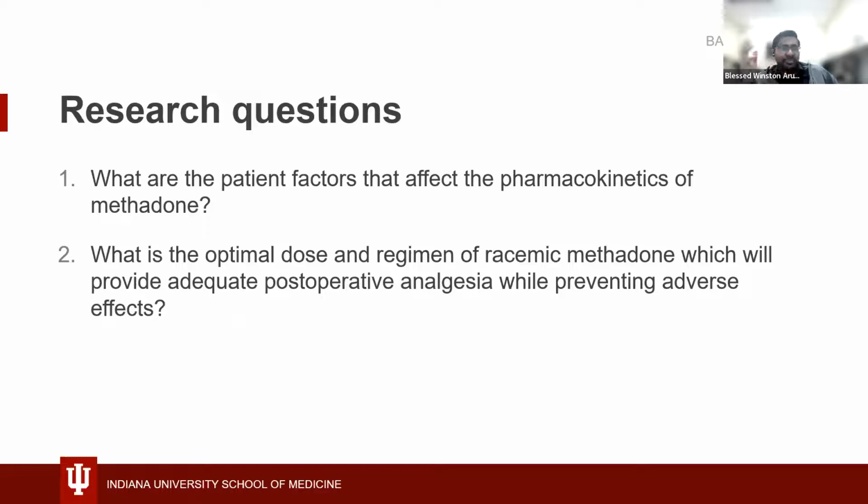So these were the research questions we had. What are the patient factors that affect the PK of methadone? Because one of the things we see in practice is that the PK of methadone varies quite a bit between patients. This could be mainly attributed to the CYP polymorphisms, because of multiple CYPs involved in the pathway.